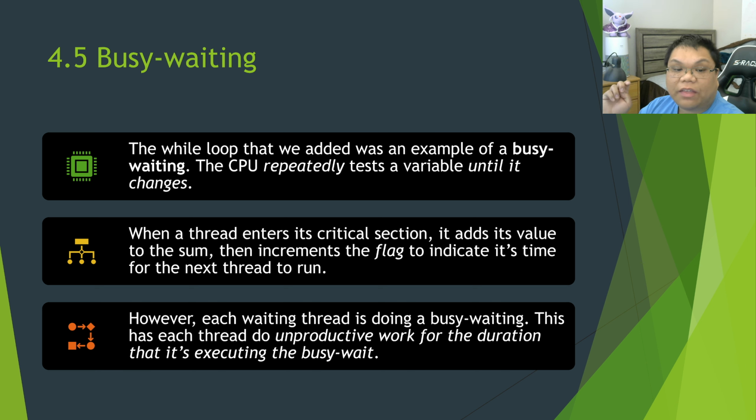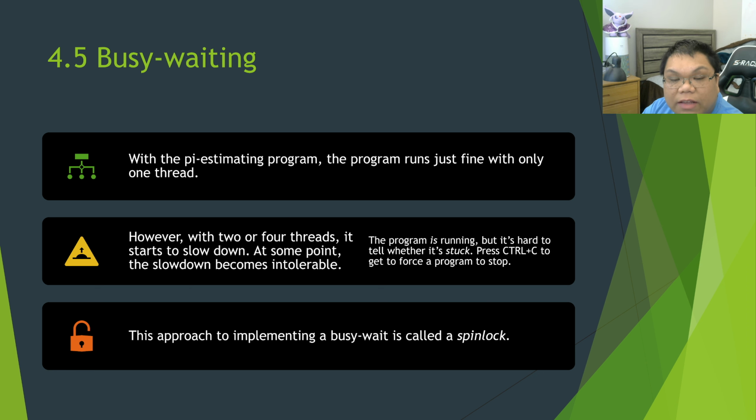Here's the thing though. Every waiting thread is doing a busy wait. And the more threads we add, the worse it gets. Basically, every thread that isn't the thread that's allowed to enter the critical section is doing unproductive work. It works just fine with 1 thread because there's no other thread to wait on.